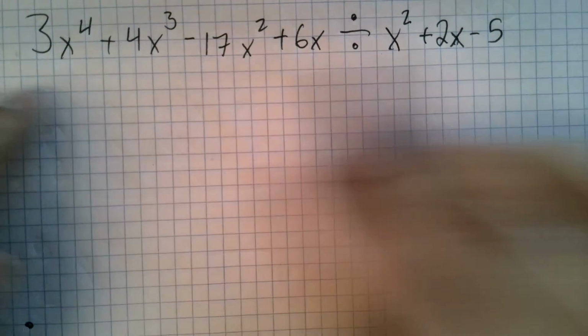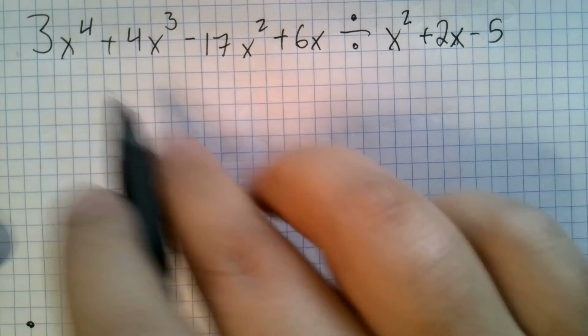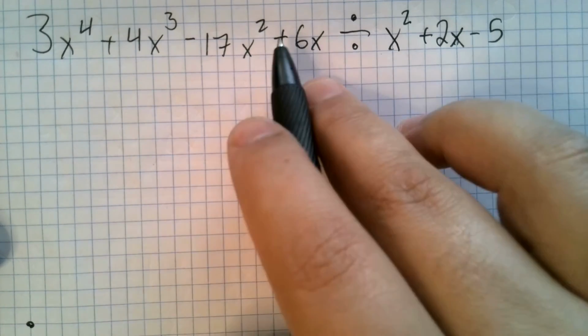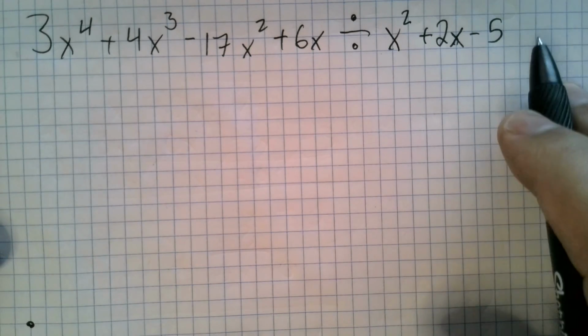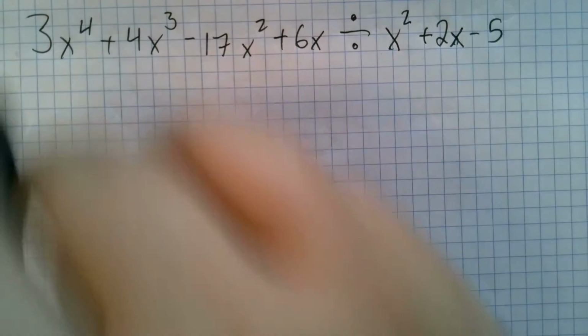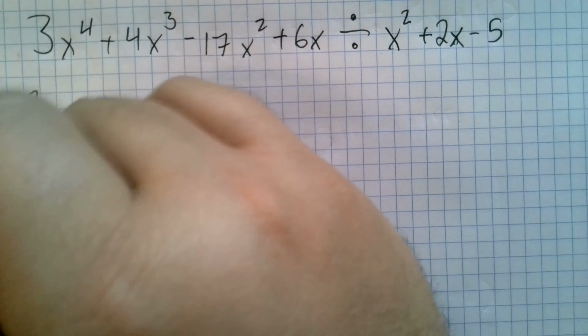So we have the dividend 3x to the fourth plus 4x cubed minus 17x squared plus 6x, divided by x squared plus 2x minus 5. I'm going to make a box that starts on the side.